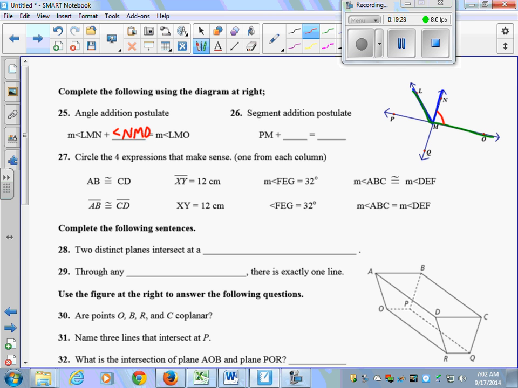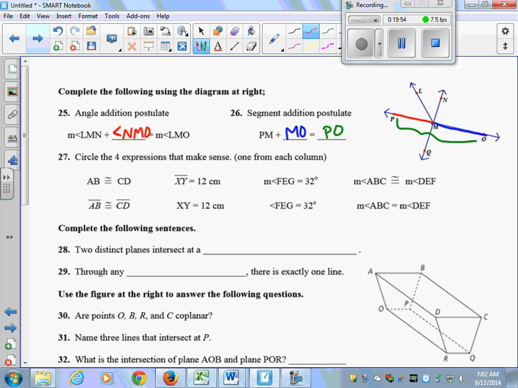Make sure you have the angle symbol there. Segment addition postulate. One part of the segment plus the other part of the segment equals the whole segment. So PM they have for us, plus, let's add MO, equals, and that's going to be the whole thing, PO.